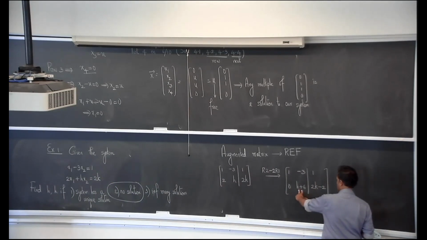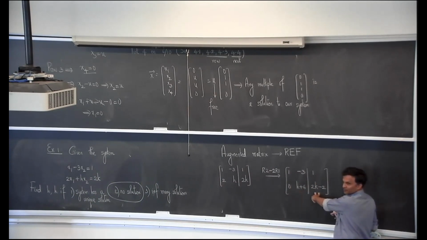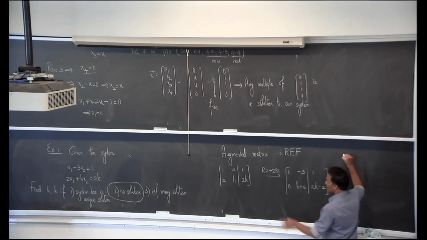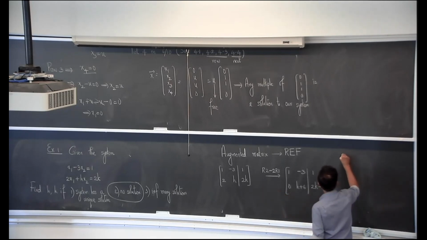When h is -6, and, well, that by itself is not enough, right? And k is not equal to 1, because you could have 0, 0, 0 here. That's okay, right? So case 2 is easier to answer.